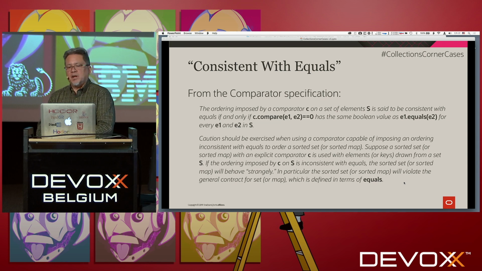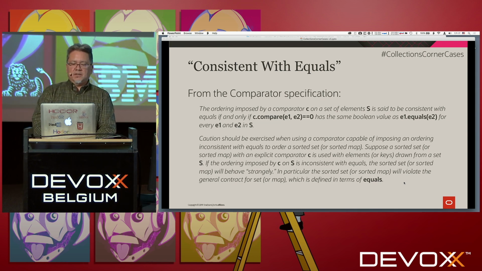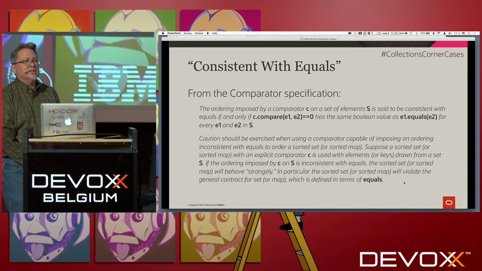If the ordering imposed by the comparator on a set is inconsistent with equals, the sorted set may behave strangely. In particular, the sorted set will violate the general contract for set, which is defined in terms of equals. Okay, well, nobody knows what this means.